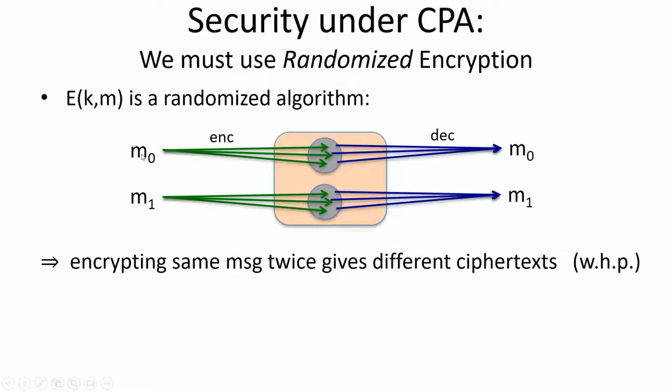So a randomized encryption, on a fixed message and a fixed key, will sample from some space of possible encryptions of that message. Decryption has to reverse this and map every element from this sample set back to M0.